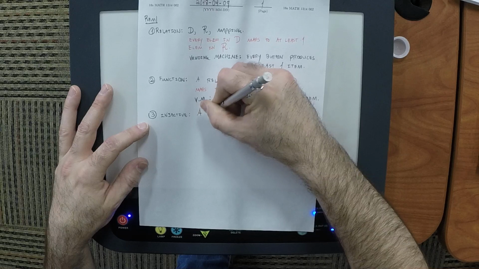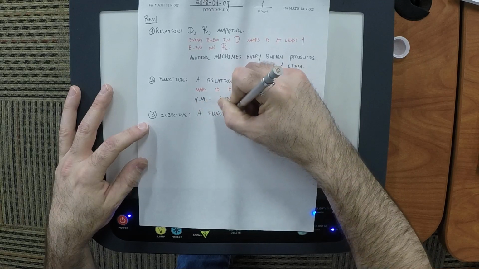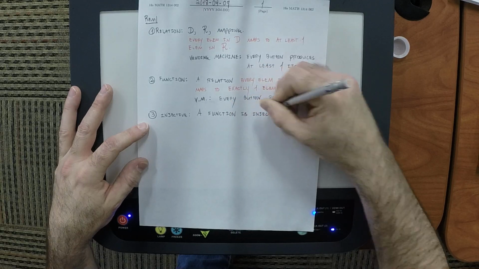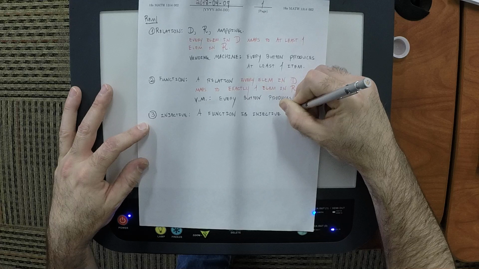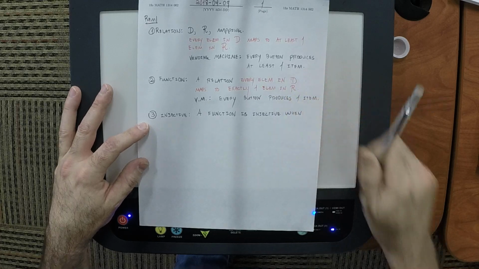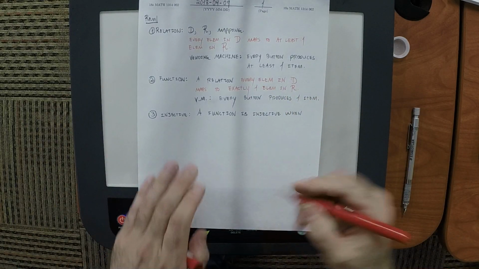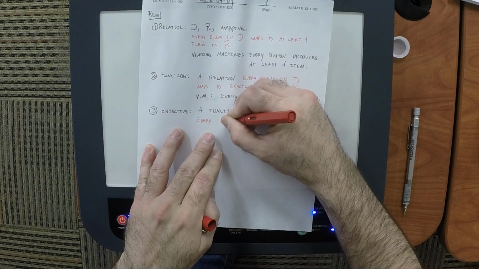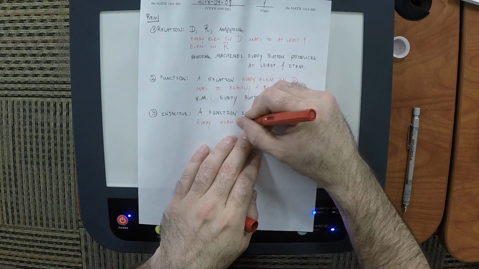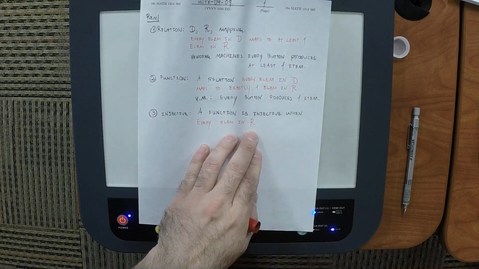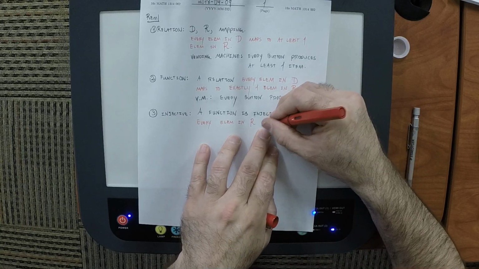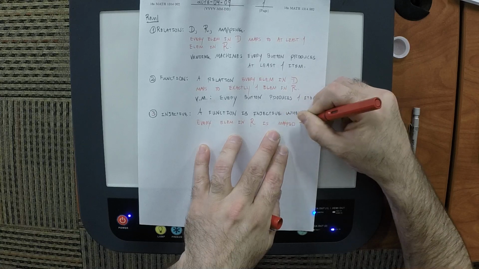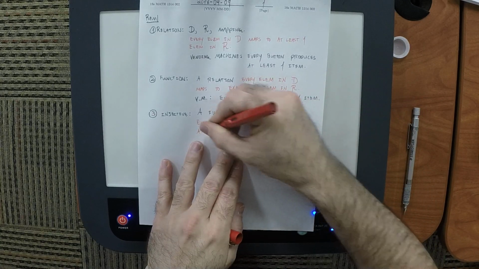So a function is injective when every element in the range is mapped to at most once.